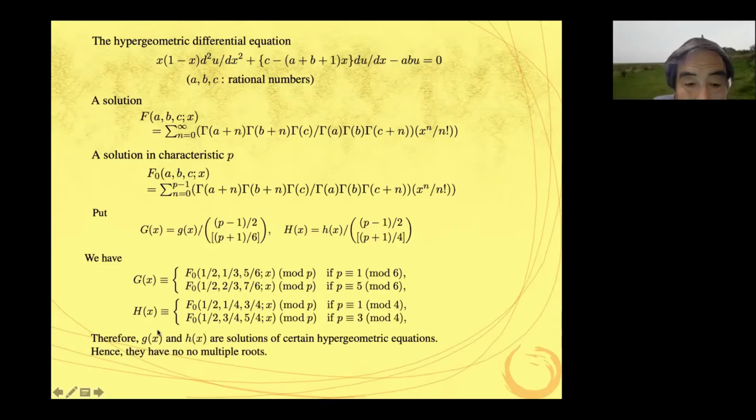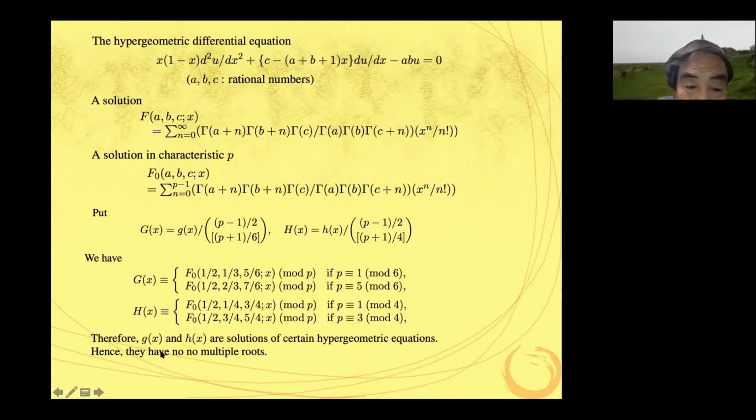And so this means GX and HX are solutions of this equation. So large GX is equal to GX over a constant. So GX and HX are solutions of a certain hypergeometric equation.